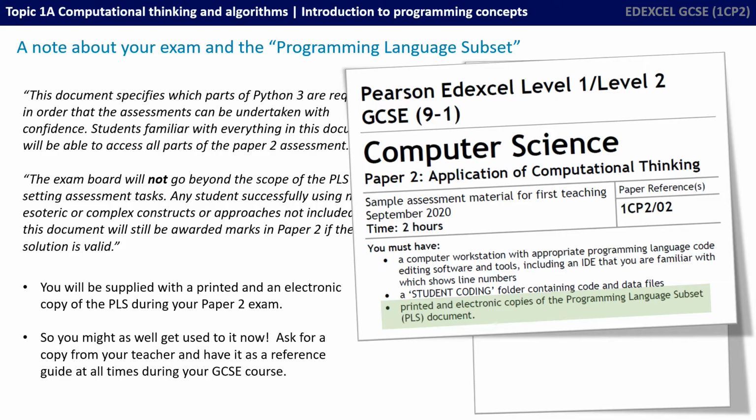Well, if Pearson are giving you a document that tells you exactly what concepts in Python 3 you need to know, and these are the only concepts they will use in the exam, and that you're allowed to use it as a reference guide, you might as well get used to the document now. It may be your teacher has already provided this to you, but if not, ask them for a copy and have it with you as a reference guide throughout your time in the GCSE course. It will become invaluable.